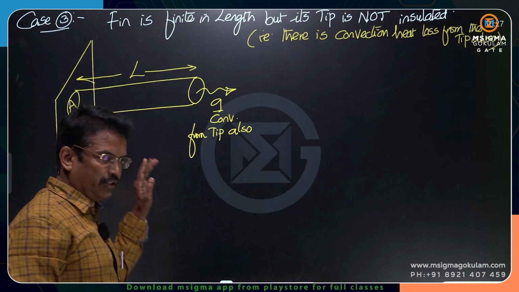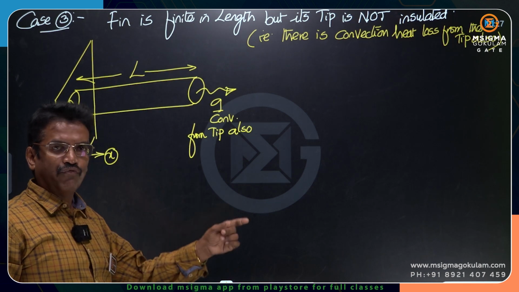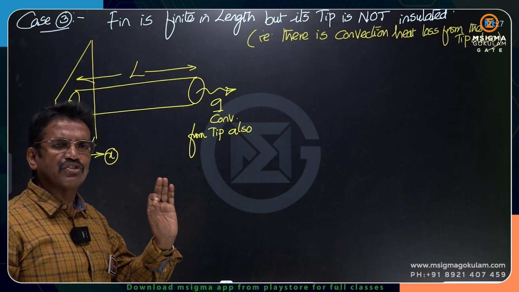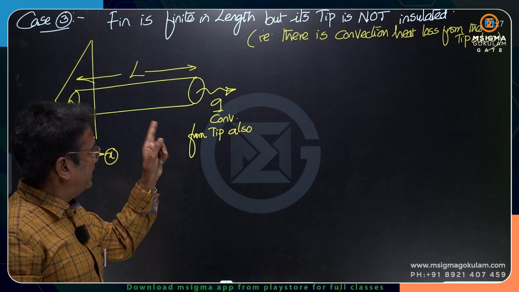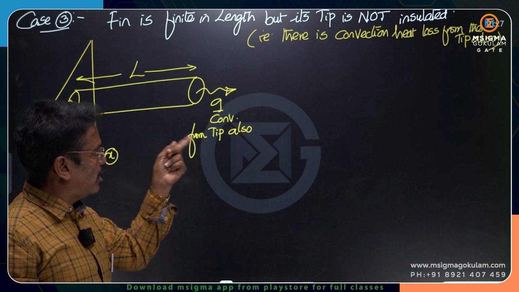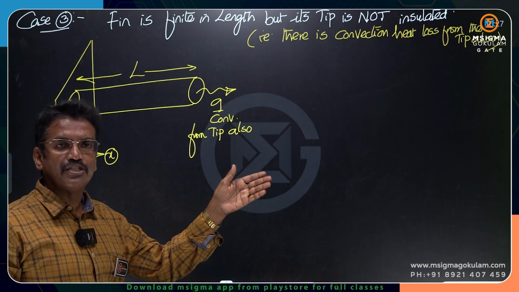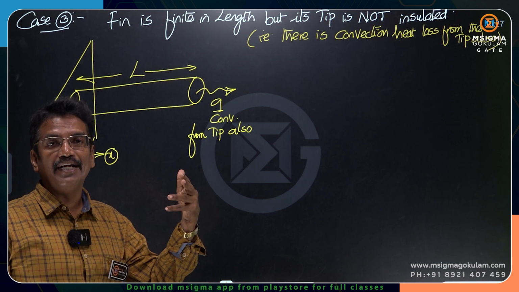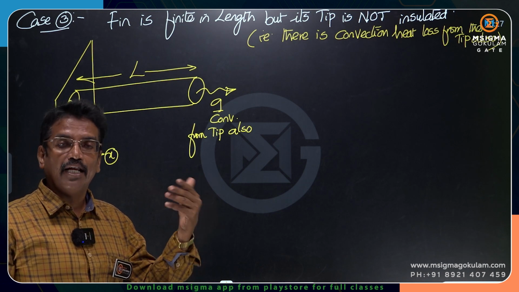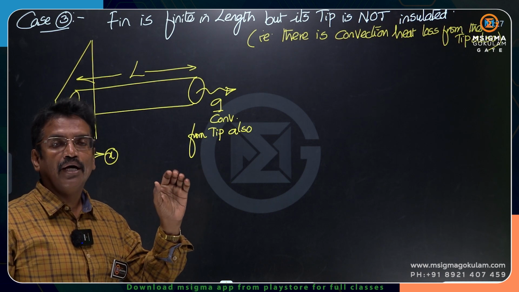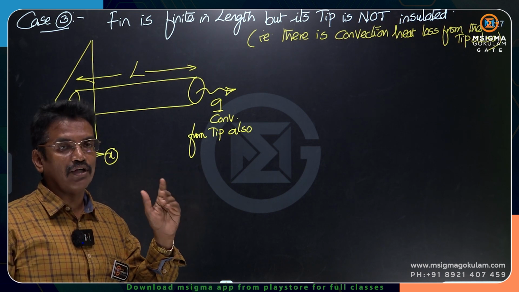The solution for this case and the solution for the insulated tip case are exactly the same, but with a slight difference: the L in the solutions for the insulated tip case you have to replace with LC, the corrected length. LC is L plus T by 2 for the rectangular fin, L plus D by 4 for the pin fin.